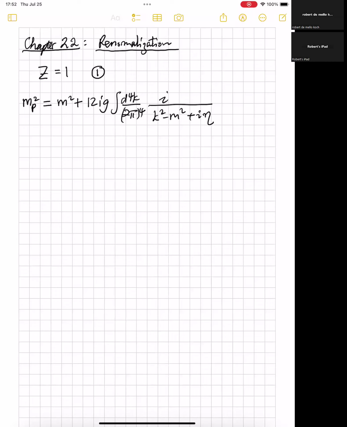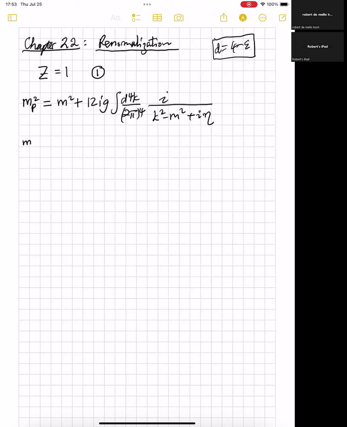Now we use epsilon to denote 4 minus the number of dimensions. You remember we said d is equal to 4 minus epsilon dimensions, so I don't want to use epsilon again. Eta is just some infinitesimal number that tells me how to shift the pole, so no problem there.